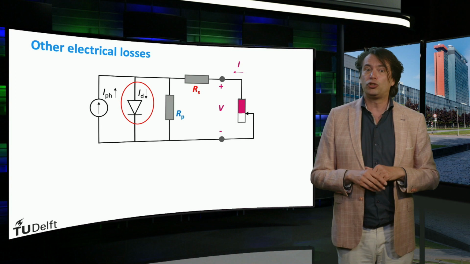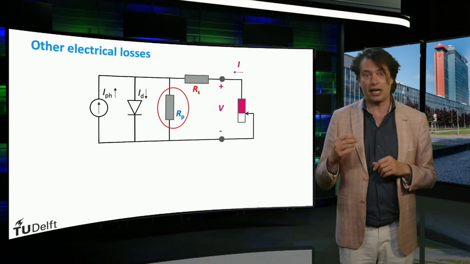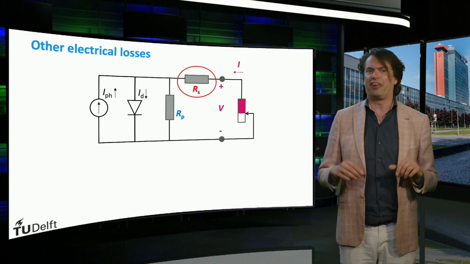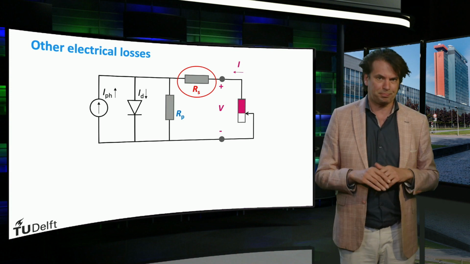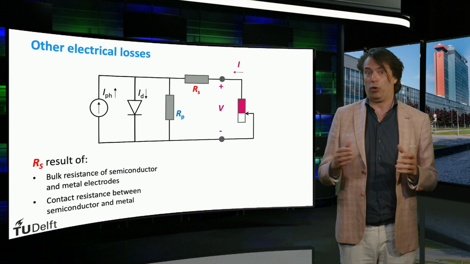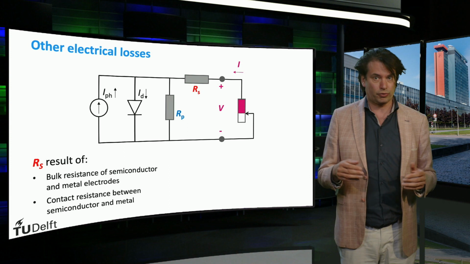Next, we see two resistors, Rp, the shunt resistance, and Rs, the series resistance. These two resistors are there because the solar cell is not an ideal diode. The series resistance is caused by bulk resistances of the semiconductor materials and the metal electrodes.